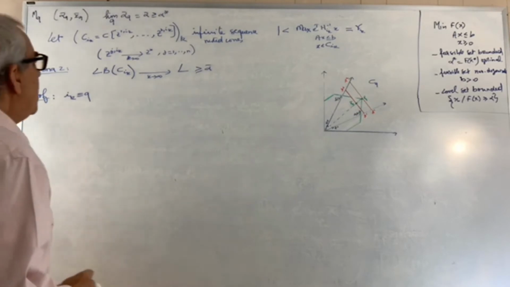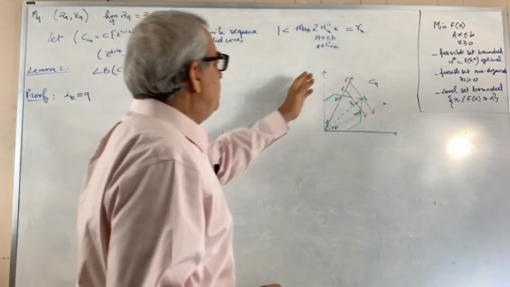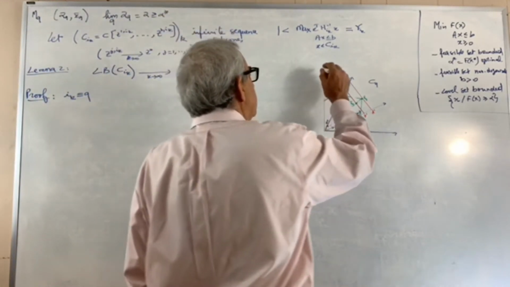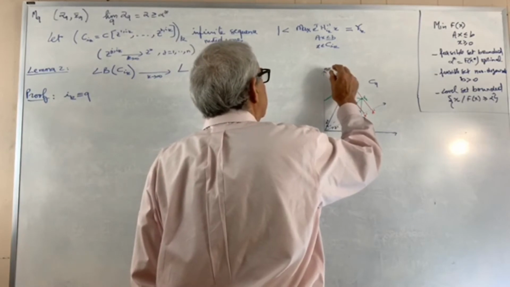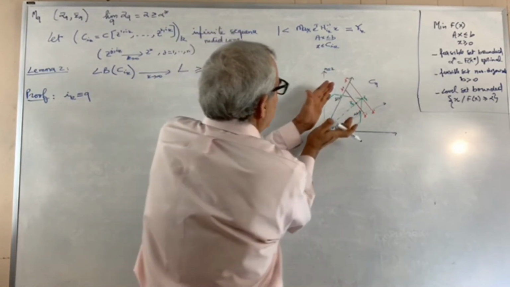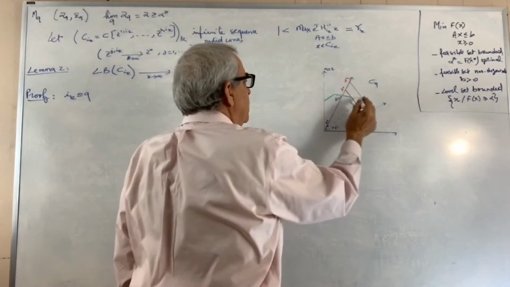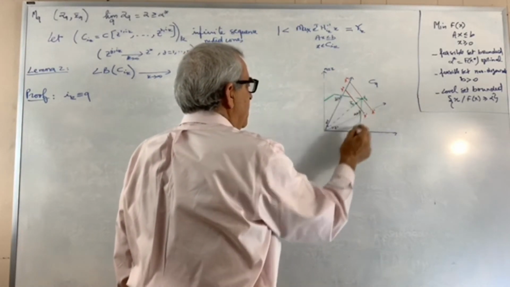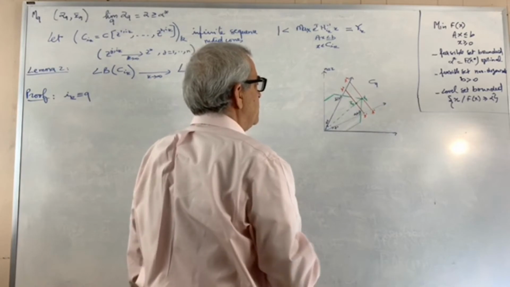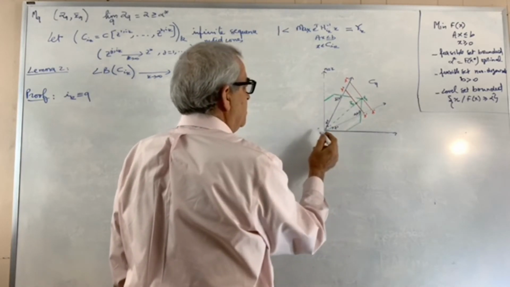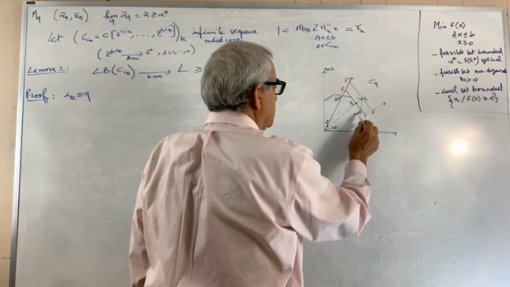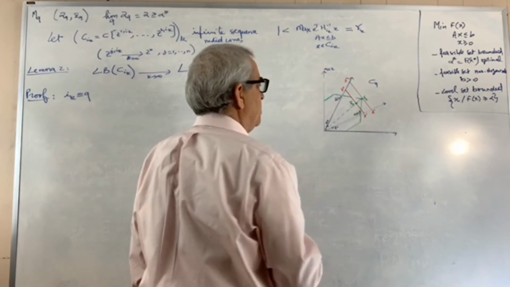Okay, so now I put in a picture here of what's happening. This is the case n equal to 2. Here's my cone C_{I_k}, and the green region is the feasible region. This is z1, z2, and then this is delta z1, delta z2, the point on the boundary.